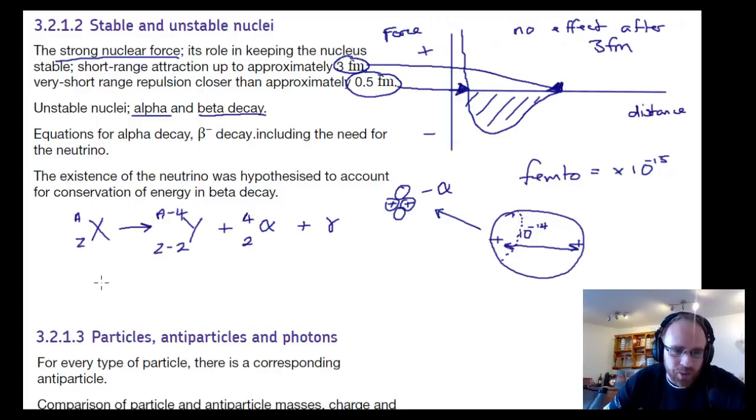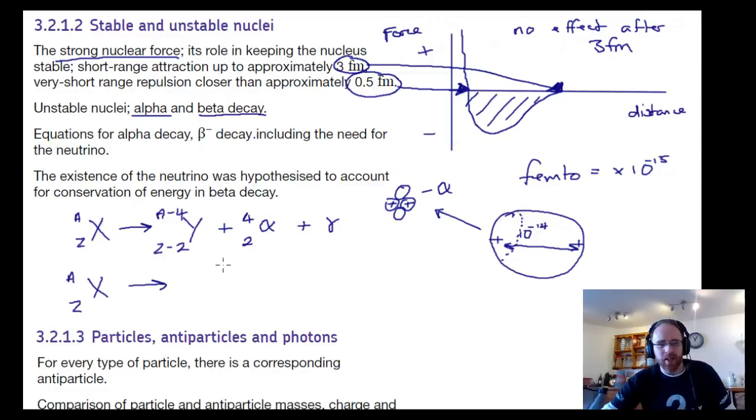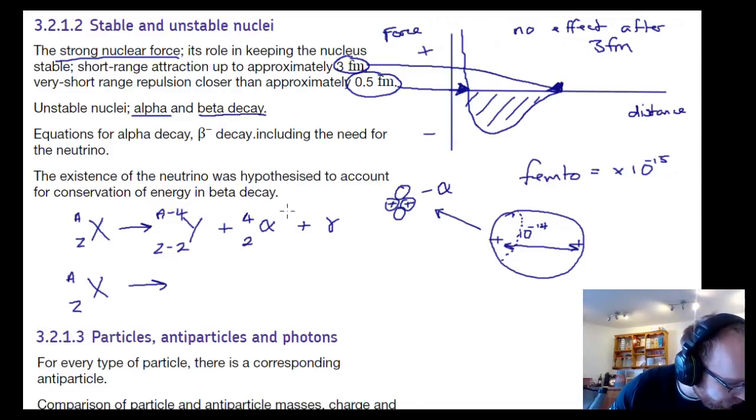If we have a nucleus with too many neutrons, then a neutron can change into a proton. Neutrons are unstable. If they're just hanging about by themselves, they've got a half-life of about 10 minutes.